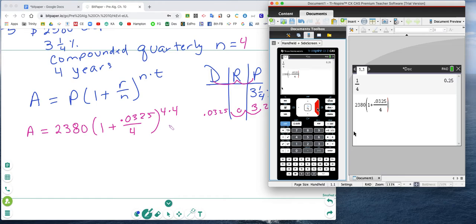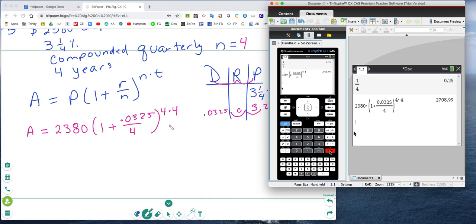Arrow out of the parentheses and do your caret for your exponent. 4 compounded quarterly times 4, going to happen 4 years. And we're going to have enter.